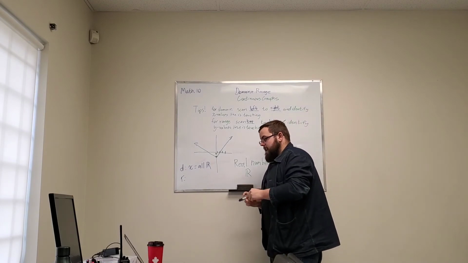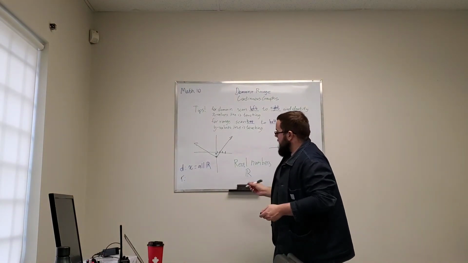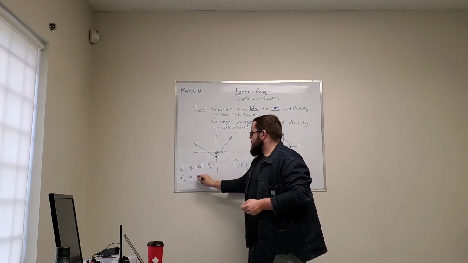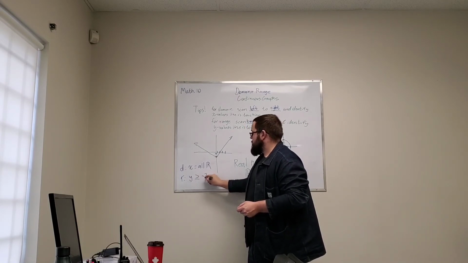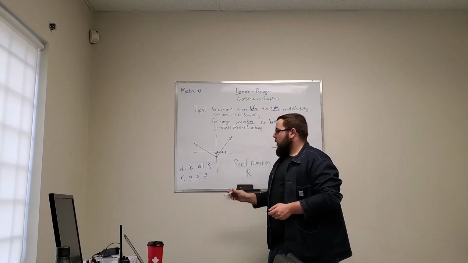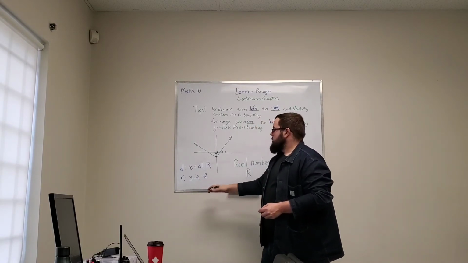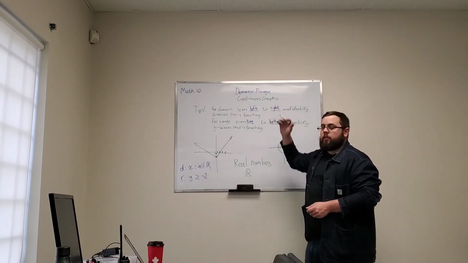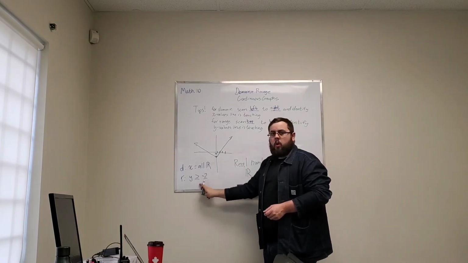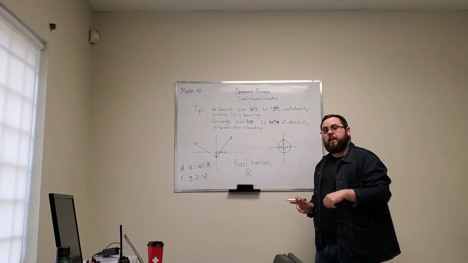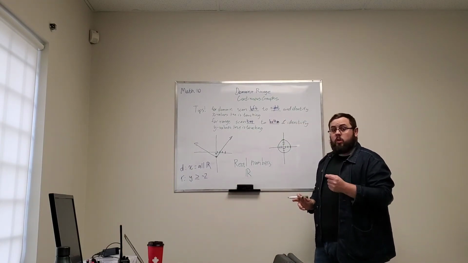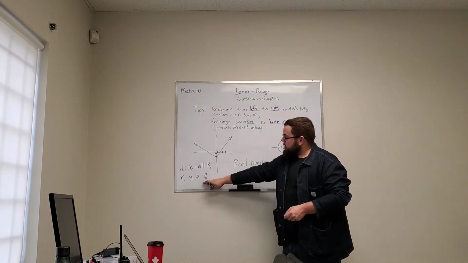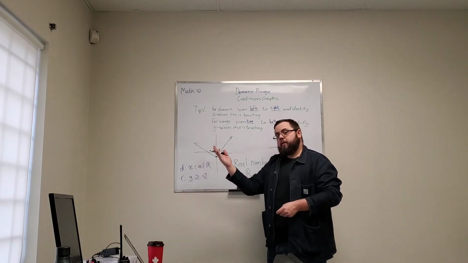So what we could say is that y is going to be greater than or equal to -2 for all real numbers, right? So the lowest possible number is -2, but then it could go on forever. So this is important to understand your inequalities here, in that you could have a greater than or a less than or greater than or equal to or less than or equal to symbol. And then this would basically say that the lowest number could be -2, and then it could go on forever, up to infinity.